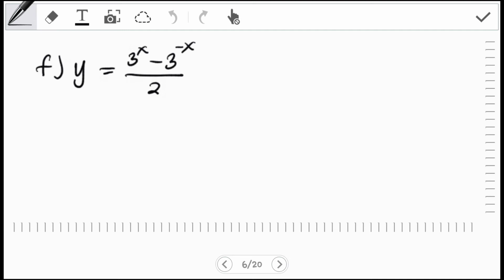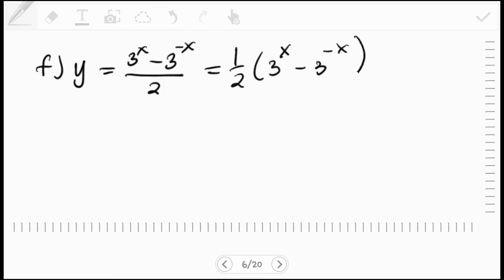So what is the first derivative of y equals 3 to the power x minus 3 to the power negative x, over 2? Okay, so we can write 1/2 times the quantity 3 to the power x minus 3 to the power negative x.